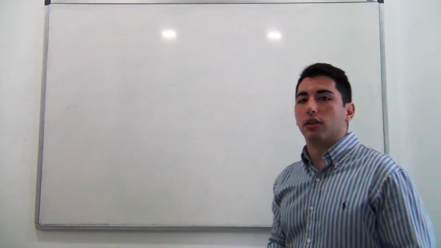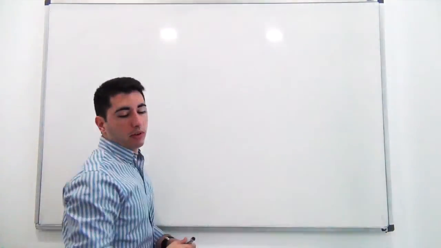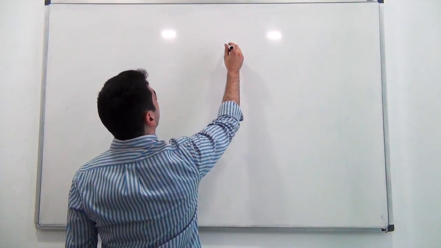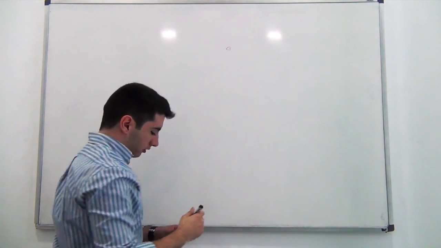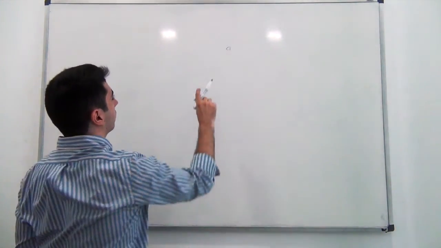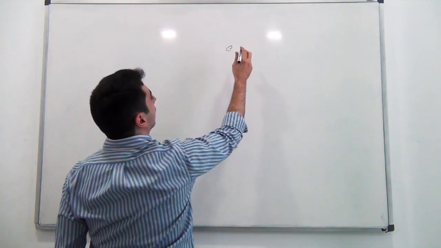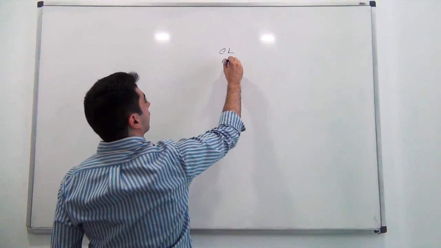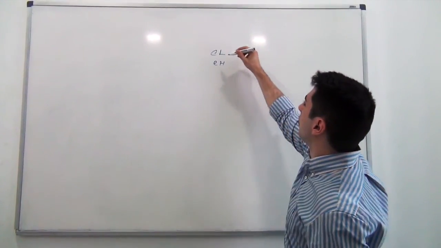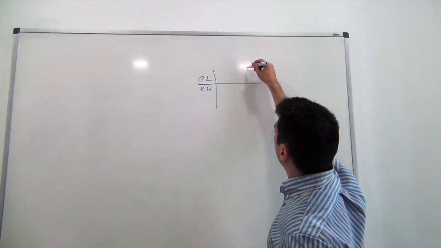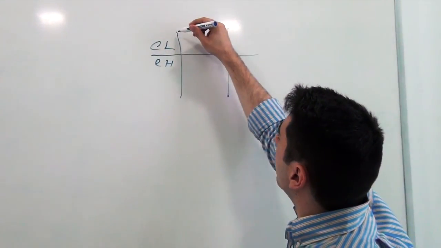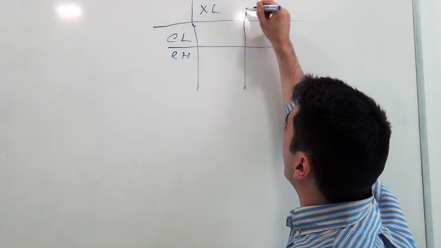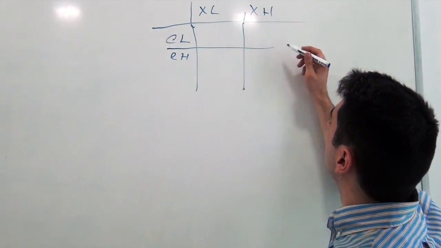In a moral hazard problem, we always have a matrix like this one. For example, actions or efforts, let's say efforts: low effort, high effort. And then we have low output, high output.